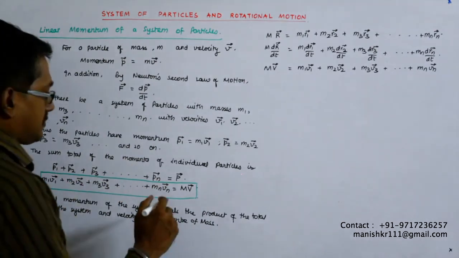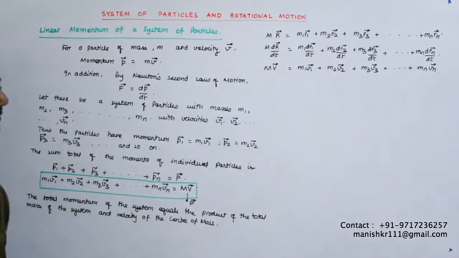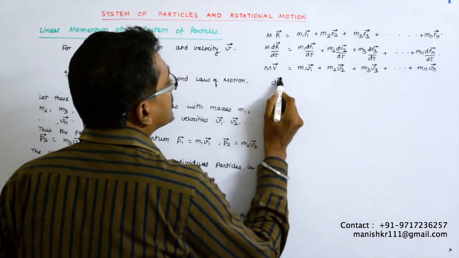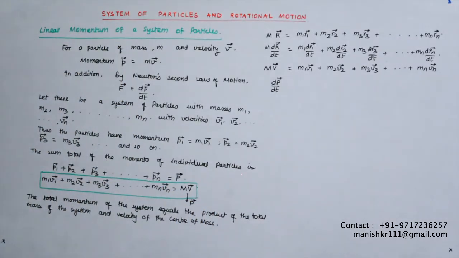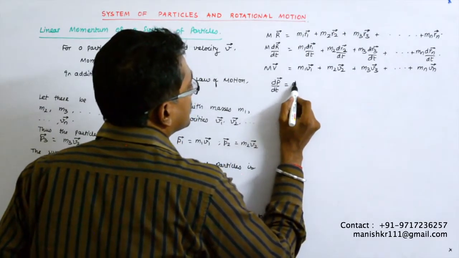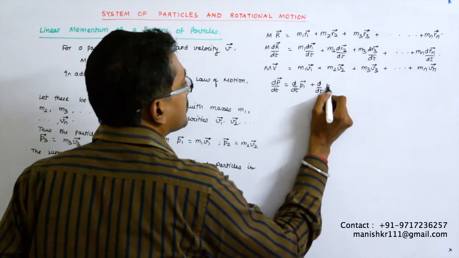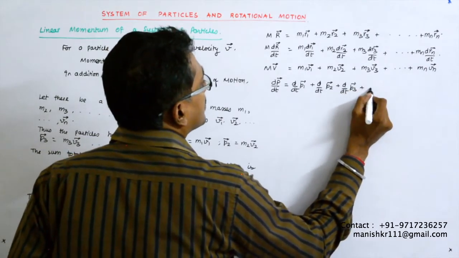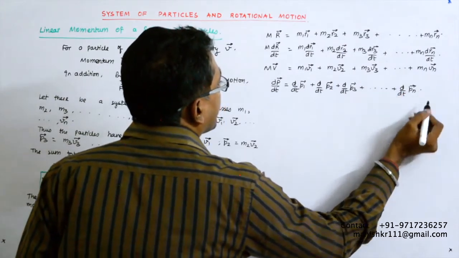Suppose I take this and I call it capital P. Fine, it is capital P. Now, what if I take the d/dt of this P? d/dt of this P is nothing but d/dt of P1 plus d/dt of P2 plus d/dt of P3 dot dot d/dt of Pn, right?